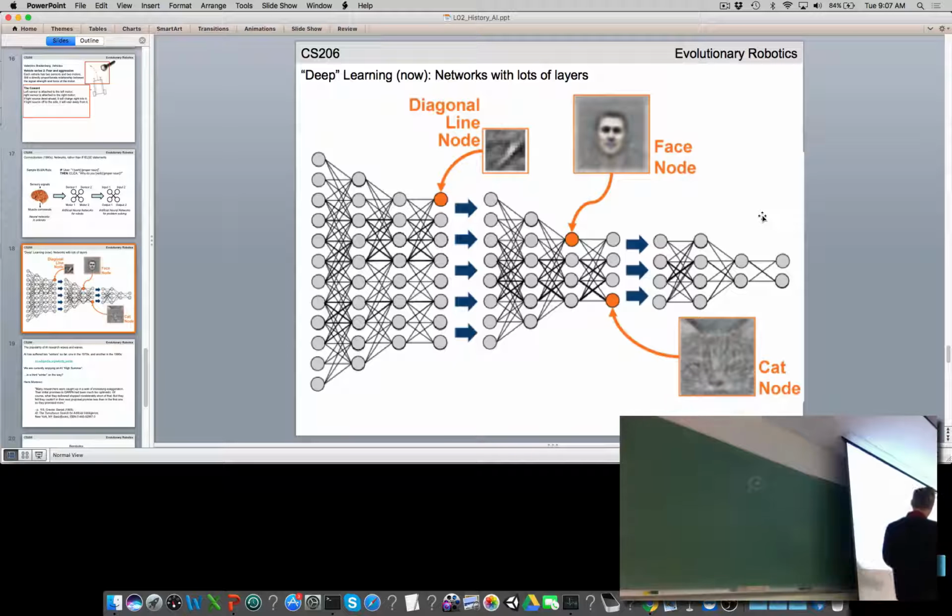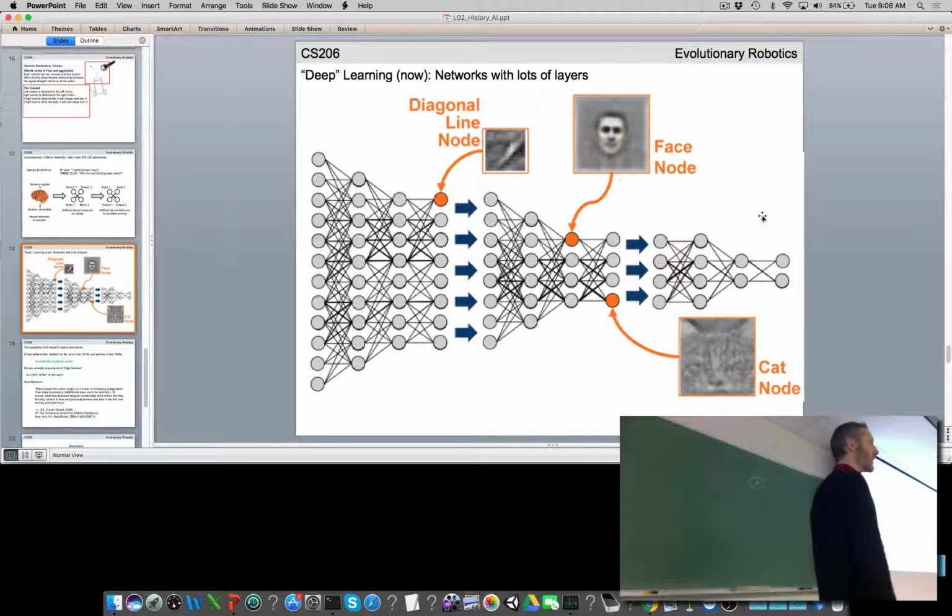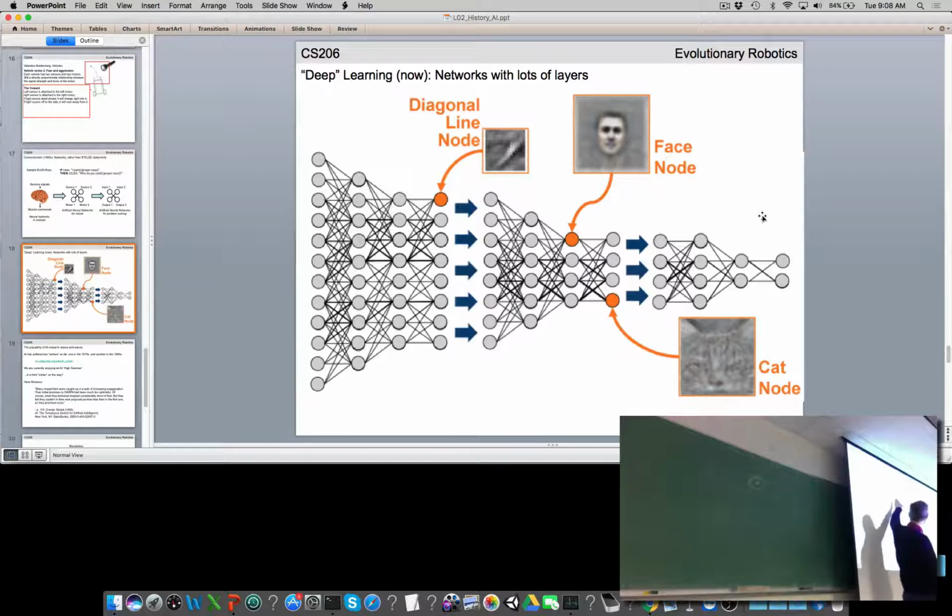Well, there was an observation from biology that the mammalian brain was organized in these layers, especially in the visual system. So imagine for a moment that all of these input neurons here are the rods and cones in the eye of a mammal. And there's very little information arriving at any one individual rod or cone. But you can see that the neuron 1 layer upstream is combining information from this rod and cone and some neighboring cones.